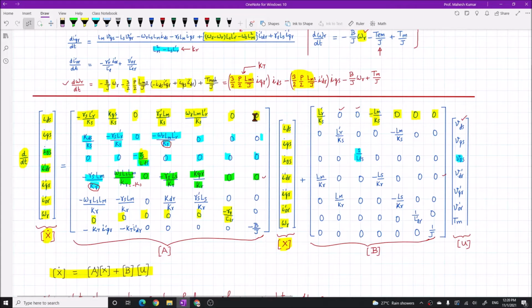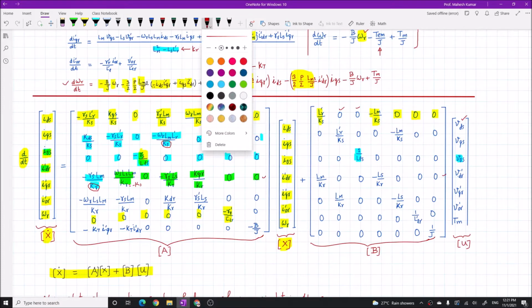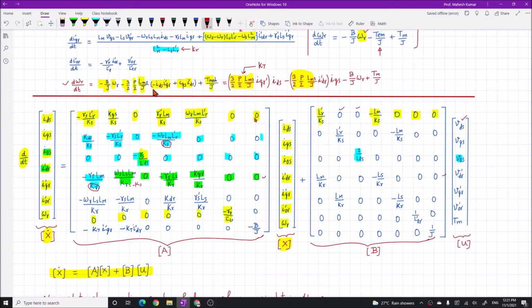So I have denoted 3 by 2 into P by 2 into LMS by J as the KT constant, that is, you can say, the torque equivalent constant. The minus minus become plus. If you see it here, this minus and this minus become plus. So the coefficient of IDS IQR'. So IDS is here, it's very important, and IQR' is here.